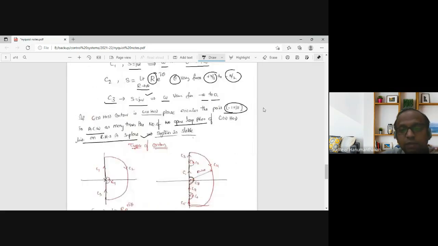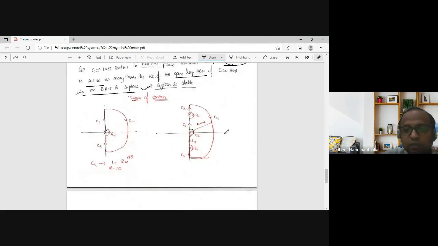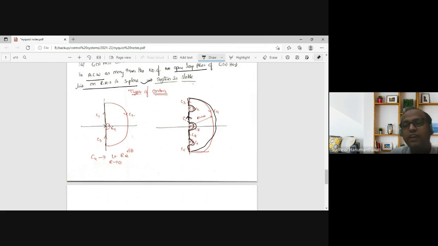If there are multiple poles lying on the imaginary axis, you cannot take them into consideration in the contour. You have to omit all the poles which are lying on the imaginary axis. Then this is C1, then C2, C3, C4, C5, C6, C7, C8, like that.